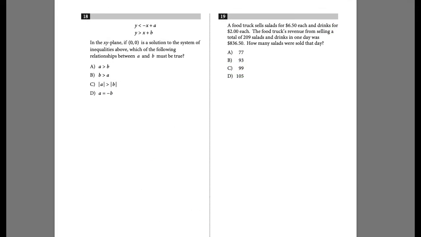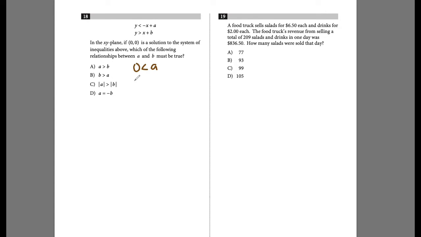Number 18. Y is less than negative x plus a, and y is greater than x plus b. In the xy plane, if (0, 0) is a solution to the system of inequalities above, which of the following relationships between a and b must be true? So what we're going to do is plug in (0, 0) for both of these equations. For the first equation, it's going to be 0 is less than 0 plus a, which is just a.